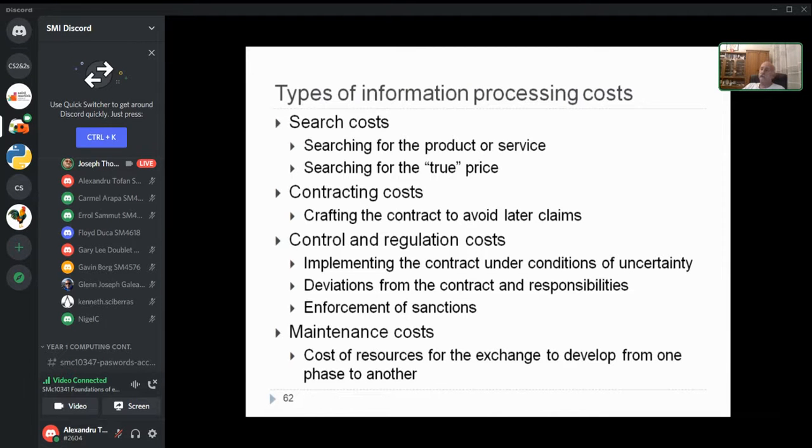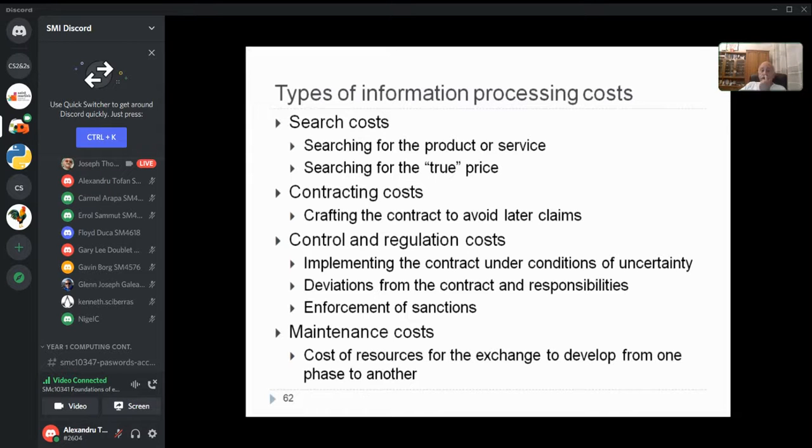What prices are they asking for their products? Searching for the true price. The true price is the price that we are willing to pay, the price that will really give us value for money. If it's something that is very, very rare, we would need to pay over the odds for it if there is a lot of demand for it.